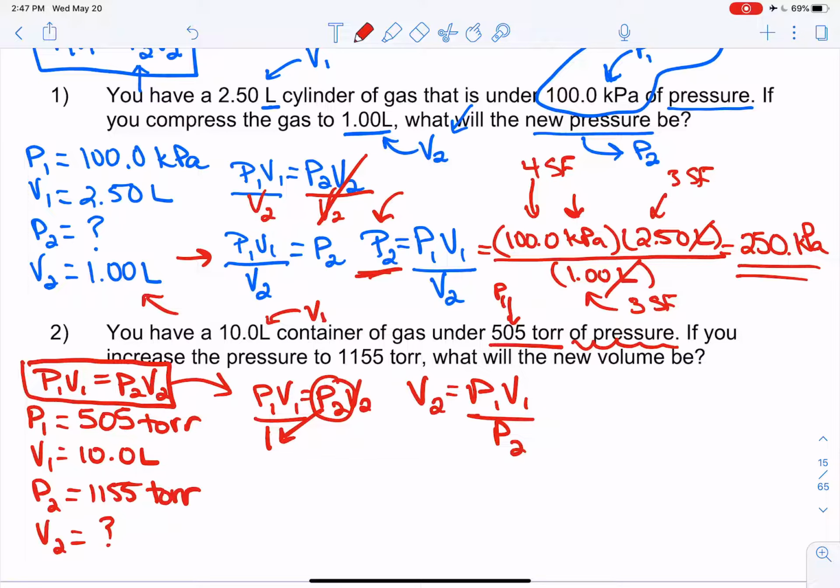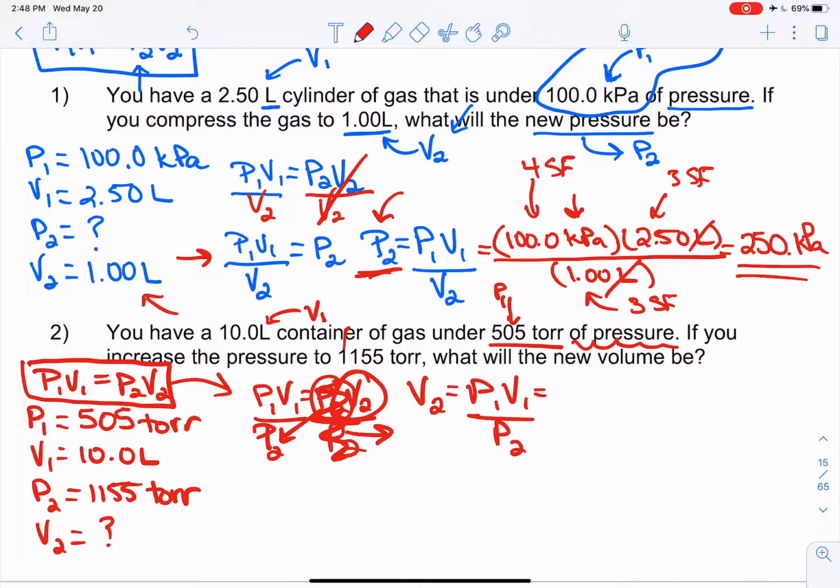Again, you guys can do that with traditional algebra, where you would divide both sides by P2. So you'd say, okay, I'm going to divide this side by P2, and I'm going to divide this side by P2, and then those cancel out. And then I get V2 is equal to P1 V1 over P2, which is exactly the same as what we just did. Okay, plug and chug time.